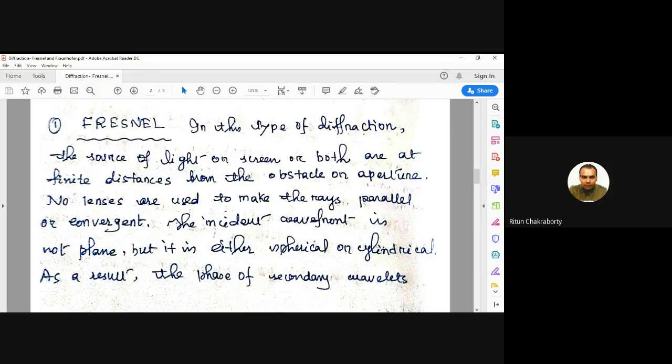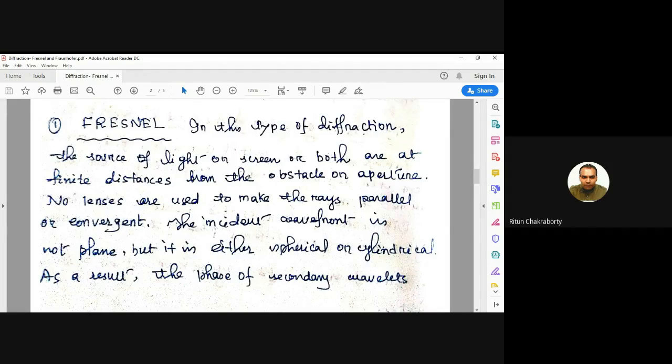For diffraction, we always need an obstacle or aperture, right? That is what we have just learned. So in the Fresnel type of diffraction, there must be a source of light, and the obstacle or the aperture. At least one of them should be at a finite distance.